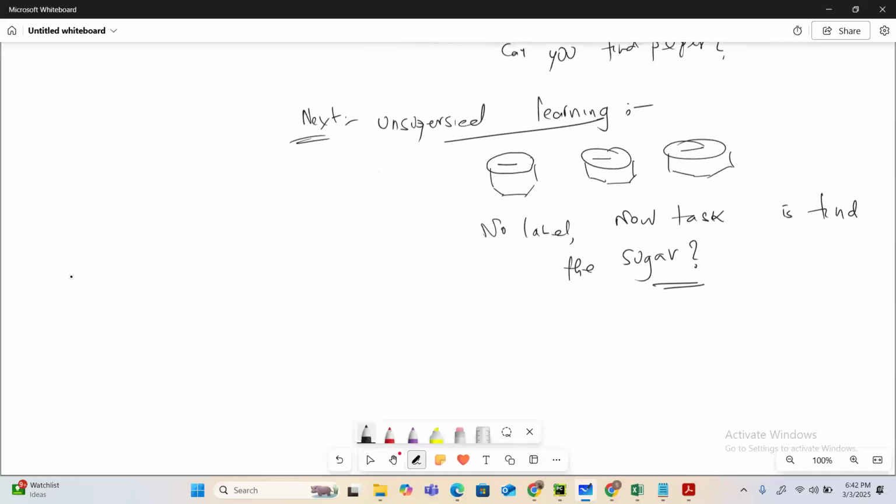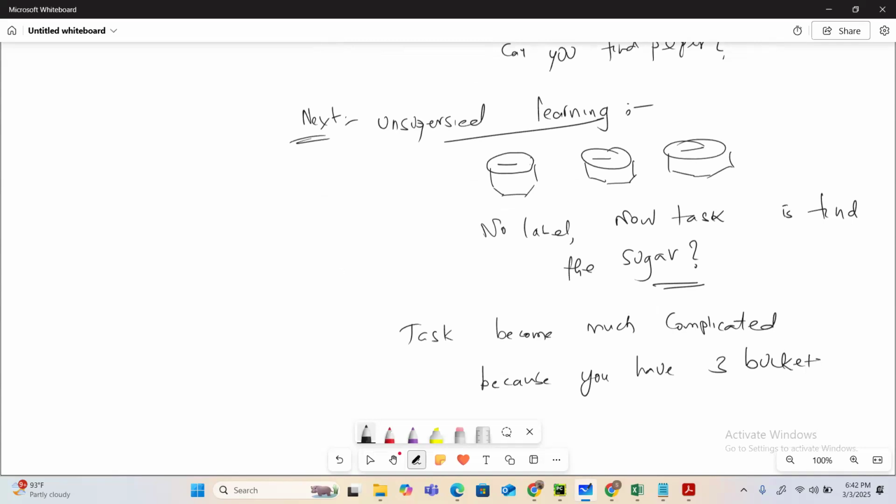Okay. Now the task becomes much more complicated because you have three buckets or three bottles.